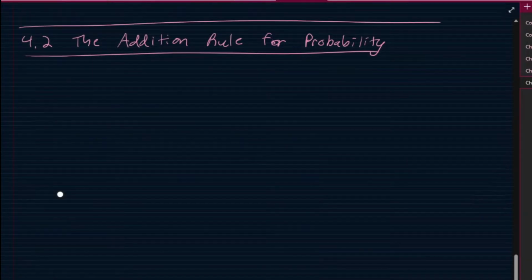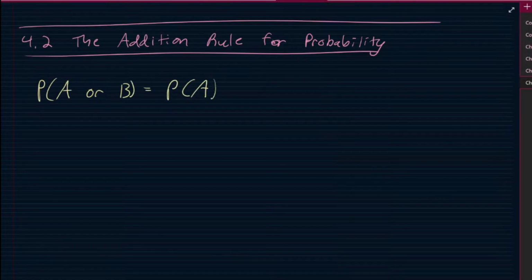Which says that the probability of A or B happening is equal to the probability of A happening plus the probability of B happening minus the probability of A and B happening at the same time.